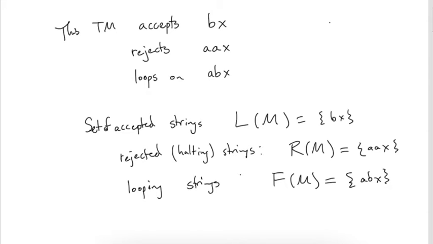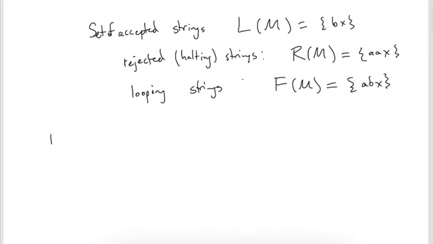Right? This is bad in the world of real machines. So I would say, ideally, in terms of actual useful computing devices, we would like for F of M to be the empty set, right? As far as a useful computing device, we don't want it to have certain inputs where it runs forever.